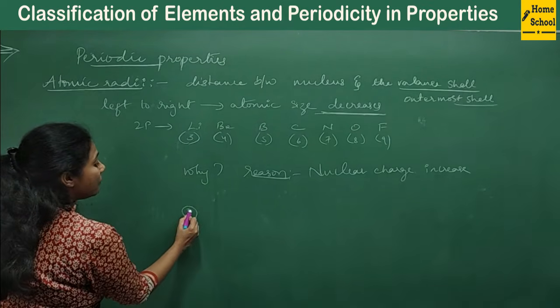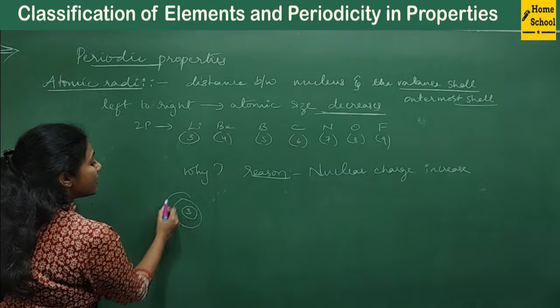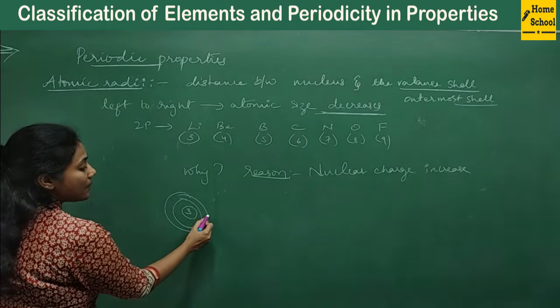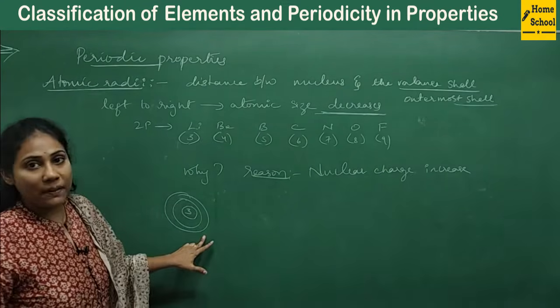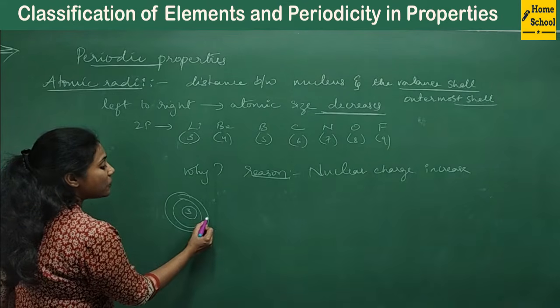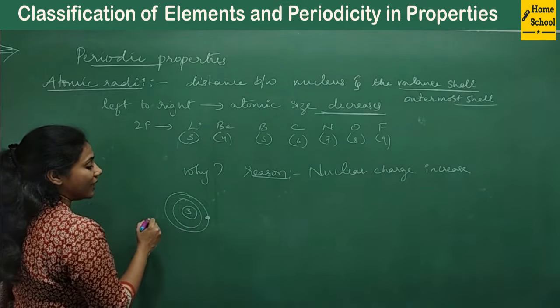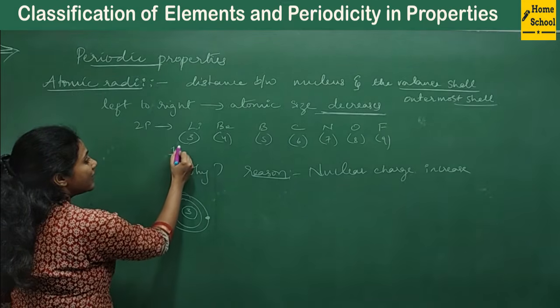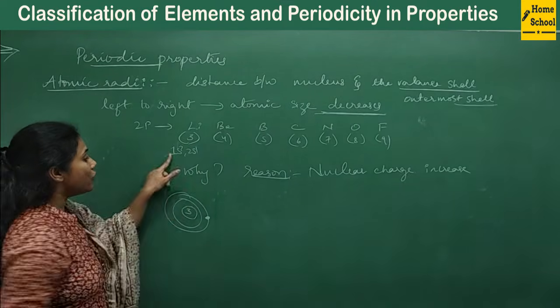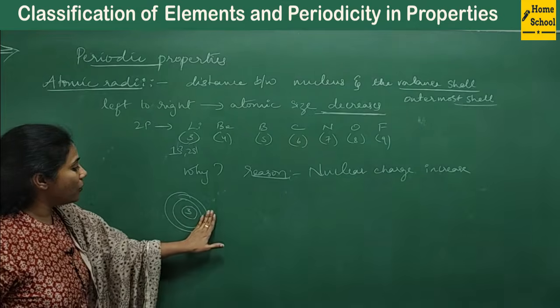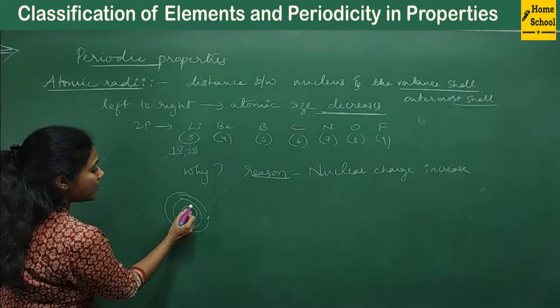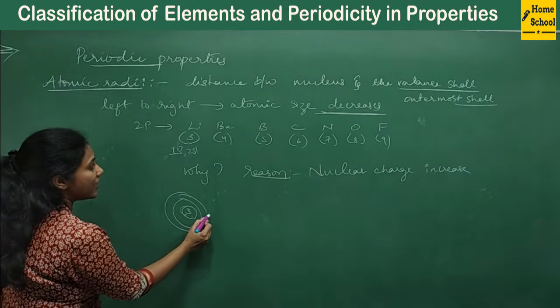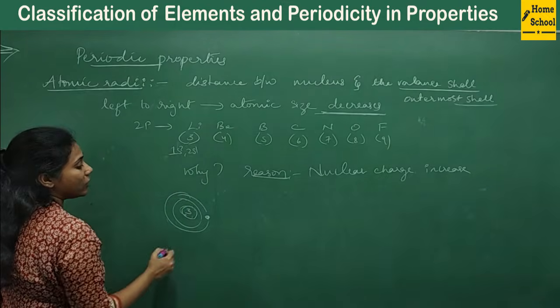You have 3 protons, and the outermost electrons are present in the second shell. What is its electronic configuration? 1s2, 2s1. So this is the nucleus, first shell, second shell, and in the second shell you have 1 electron.